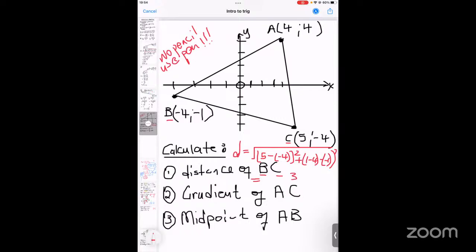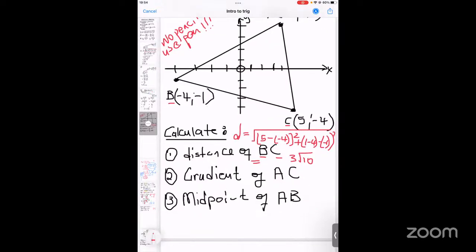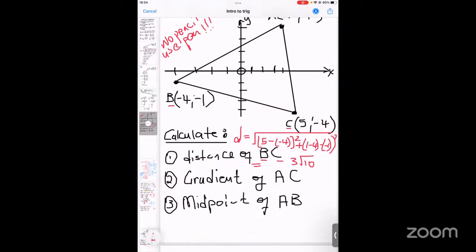So you end up getting 3 square root of 10 for that first question. We might not have substituted the same way because maybe the other one can decide to use this as your x2, x1, or maybe your x1, y1, that's what I did, or you use that point as your x2, y2, doesn't really matter. As long as now that you know you're dealing with these 2 points, then you will need to decide between those 2 points which one is which.